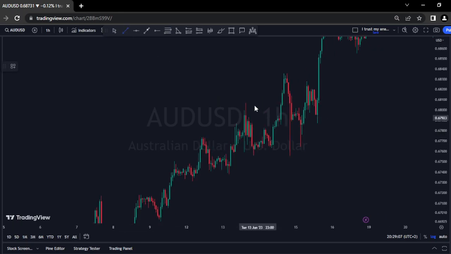Here is another one. So if you had entered here, price went back down, but I'm sure it might have stopped you somewhere because you would have locked in profits. Here's another one. Here's another one as well.